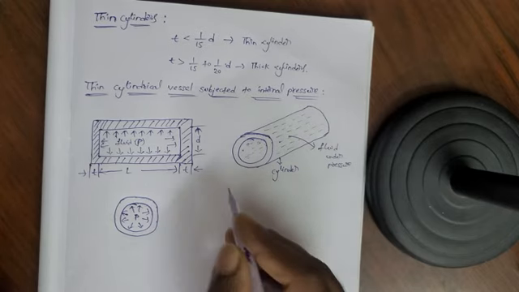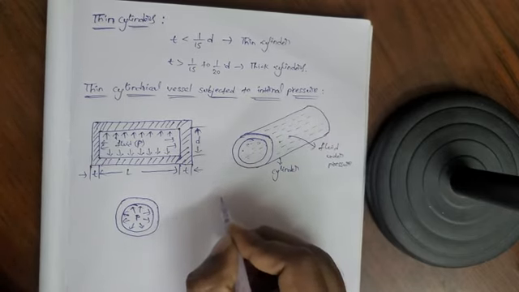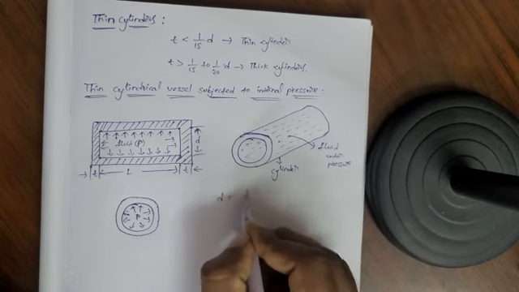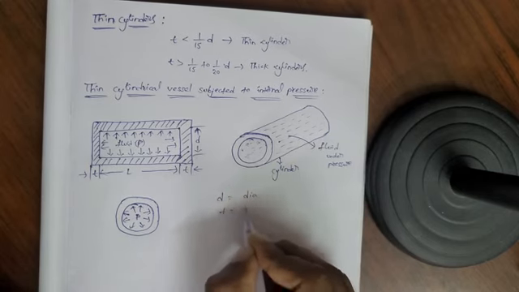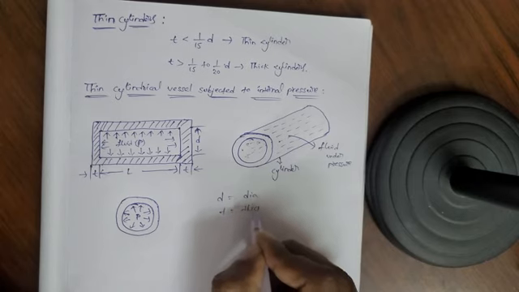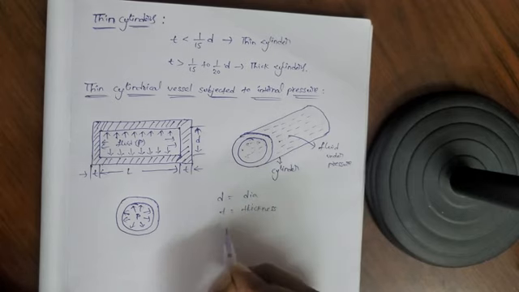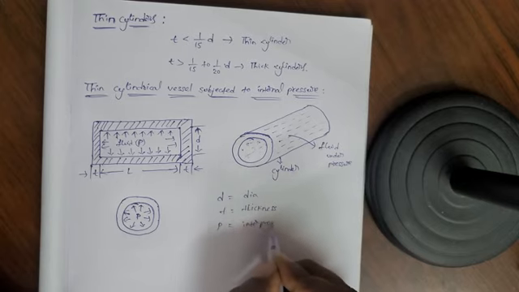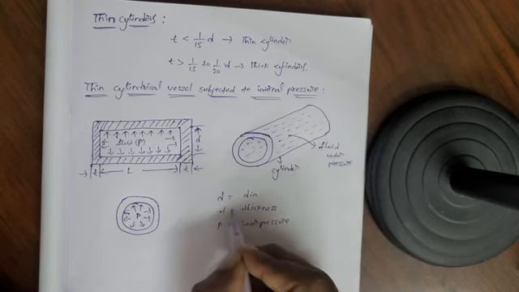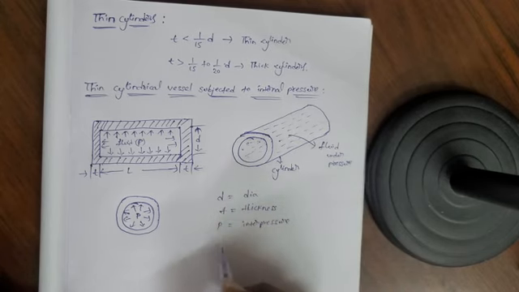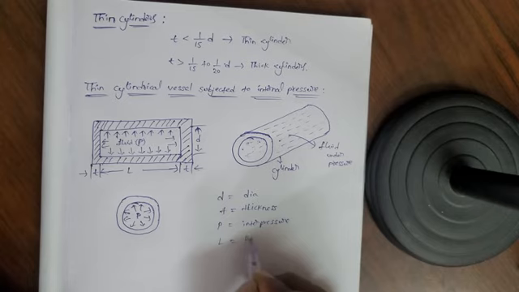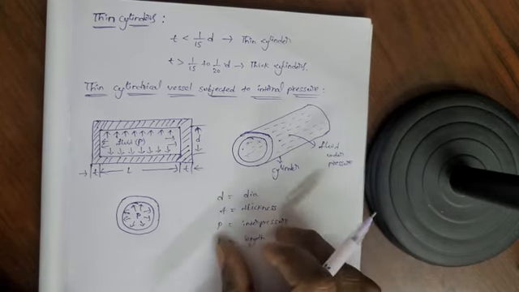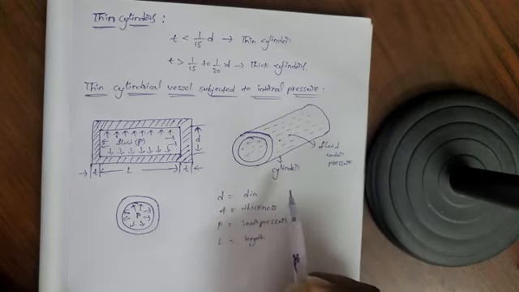Here I am considering the diameter of the cylinder as D, thickness of the cylinder as T, and P is equal to internal pressure, that is the fluid pressure acting on the walls of the cylinder, and L I am considering as length.